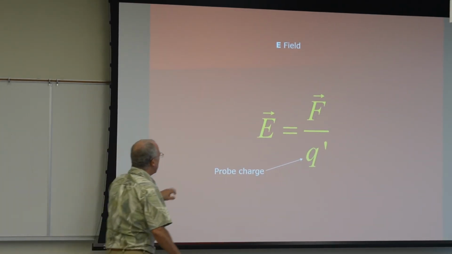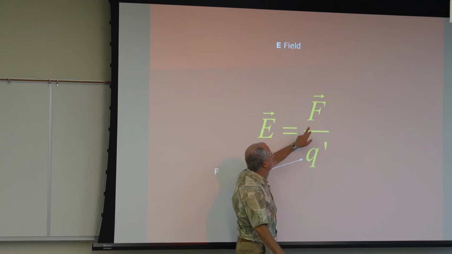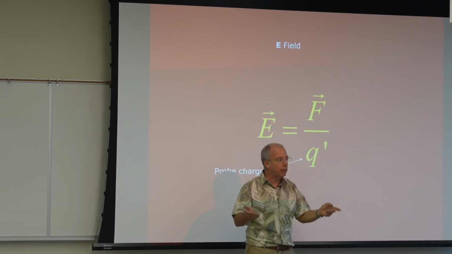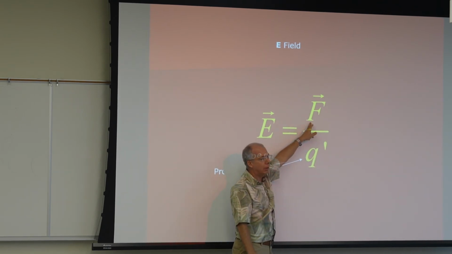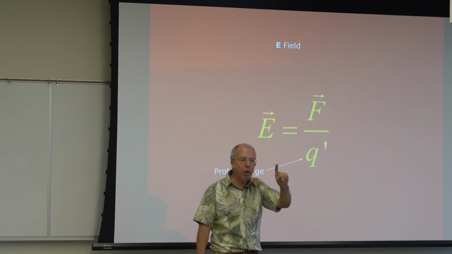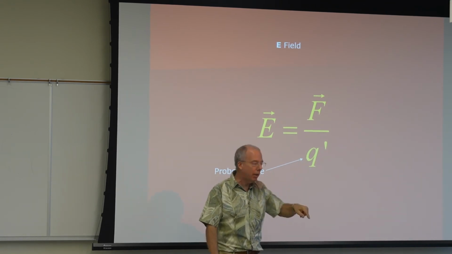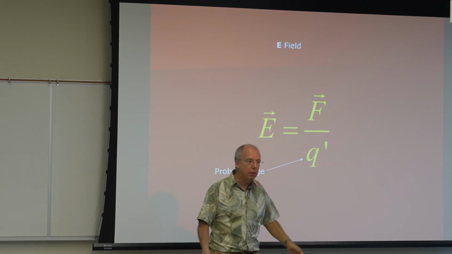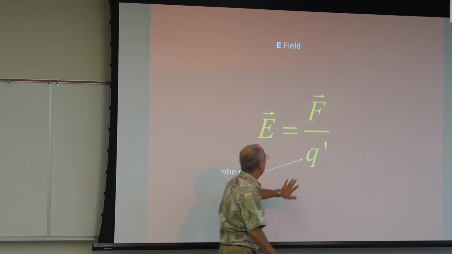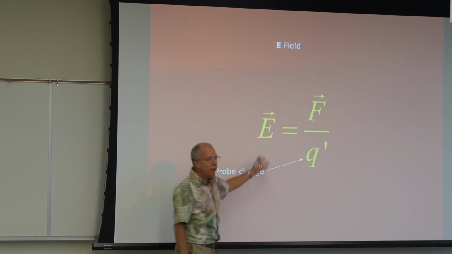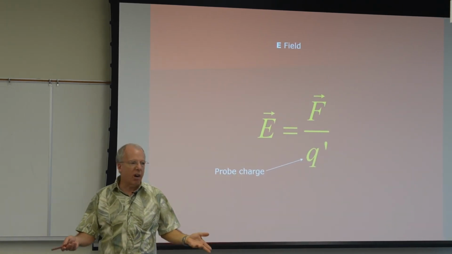The E field is defined as the force between the charge that created the E field and the probe. But that force depends on the probe, and we don't want the E field to depend on the probe. So what are we going to do? We're going to divide by the probe. If we divide by the probe, this only has to do with the E field created by the charge.